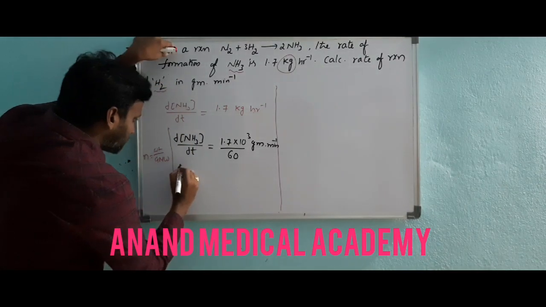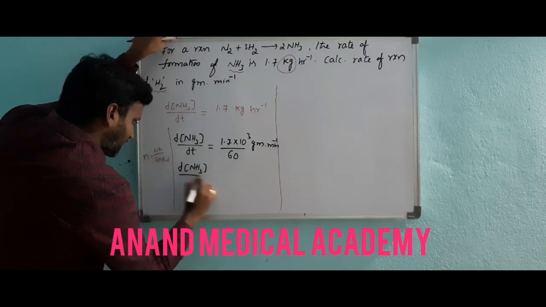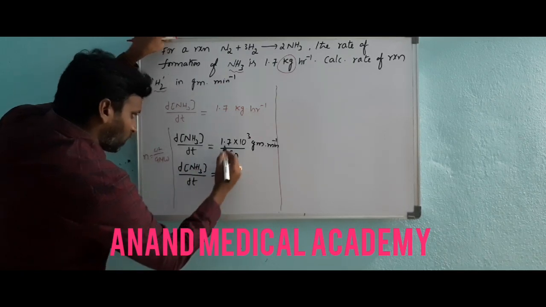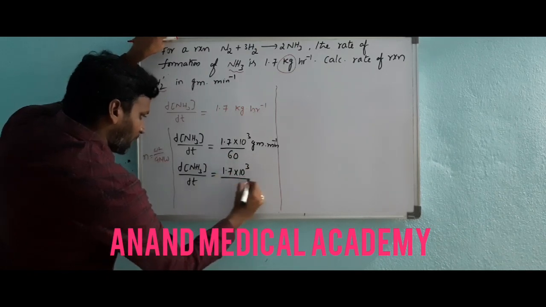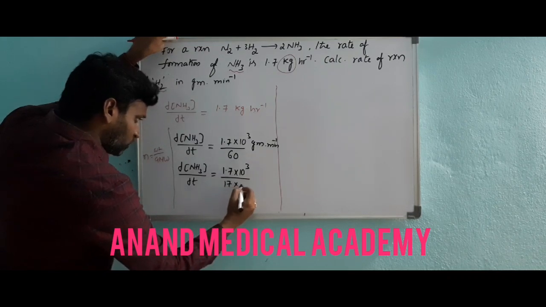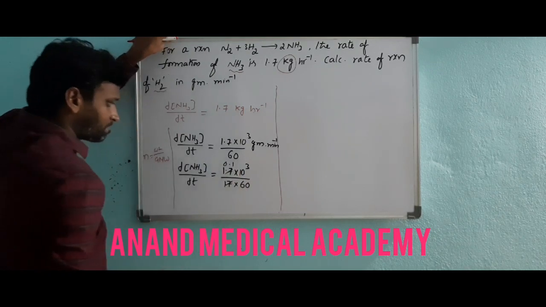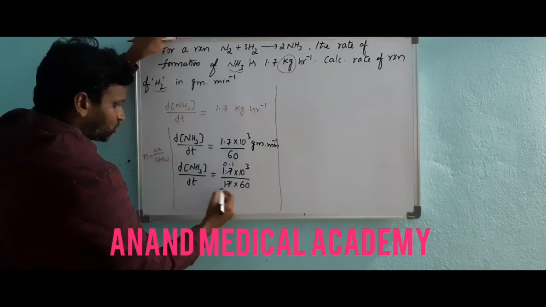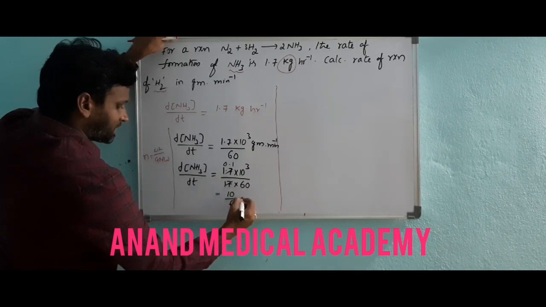So what will be the d concentration of NH3 by dt? It is equal to 1.7 into 10 power 3 by 17 into 60, which is 0.1, it's a 10 power 2. So it is simply 10 by 6.